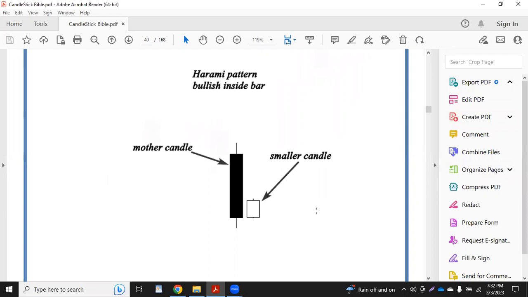Once we see this pattern, the goal is for us to be able to know where to buy, where to sell, what confirmations we need for a buy and a sell, and so make profits. So this is a bullish harami. Usually around this bottom here, you see two candles: a mother candle and a small candle.